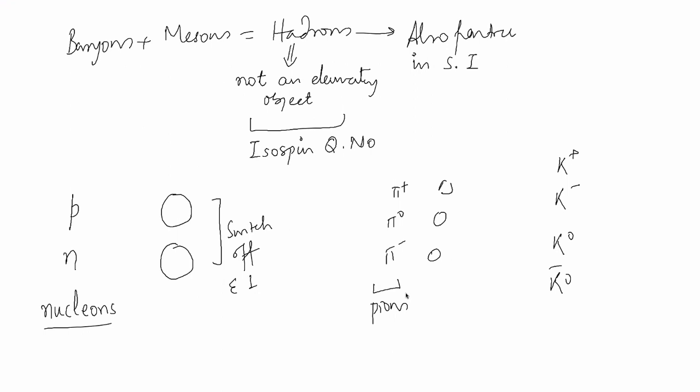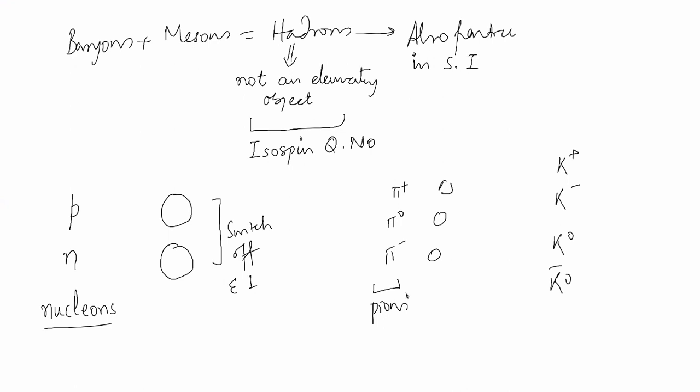Therefore, what are nucleons? They can be either proton or neutron, and only if we switch on the electromagnetic interaction will we be able to distinguish between a proton and a neutron.